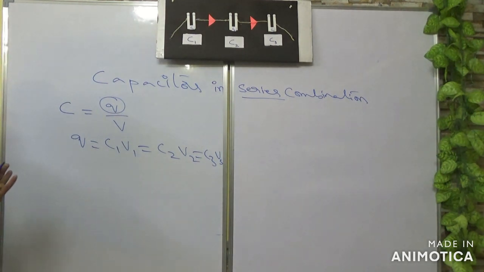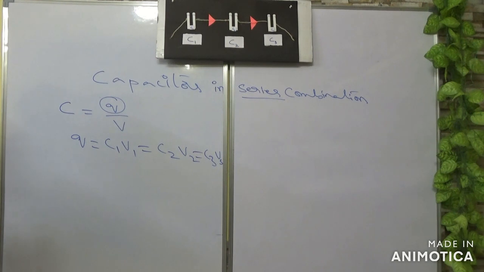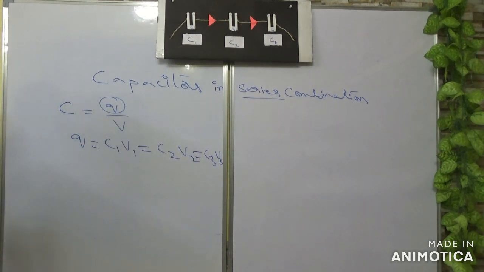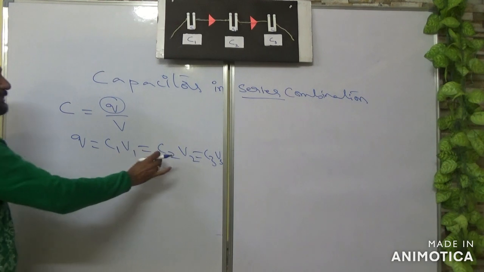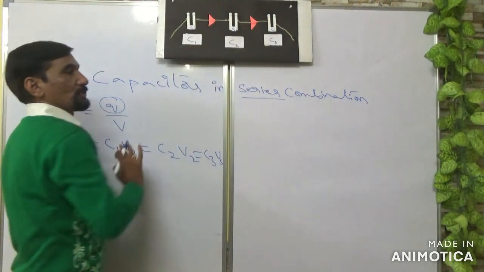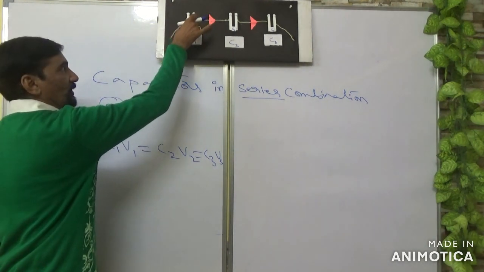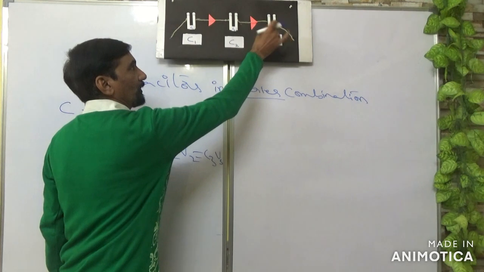So whenever capacitors are joined in series, the product CV remains the same. C1, C2, C3 are the capacitances of the first, second and third, and V1, V2, V3 are the potential differences across each.